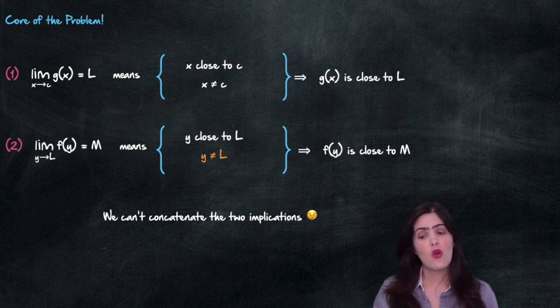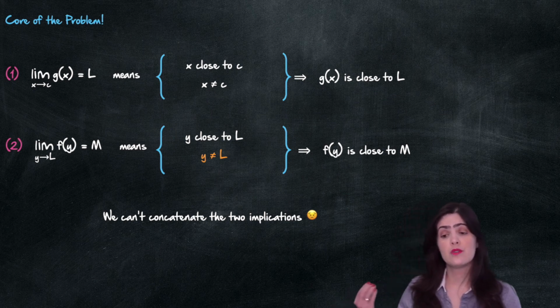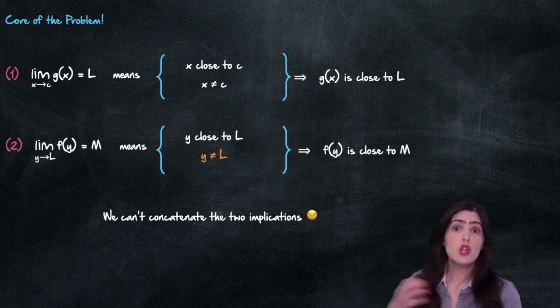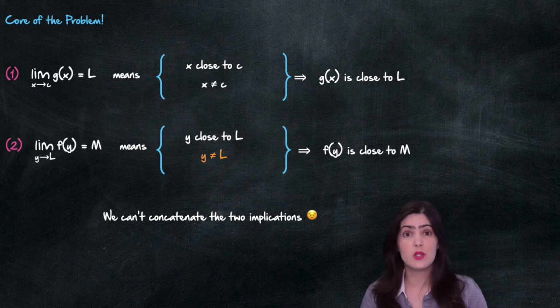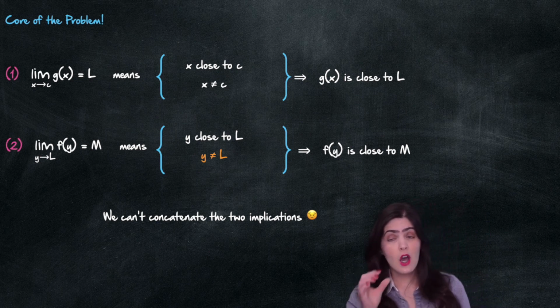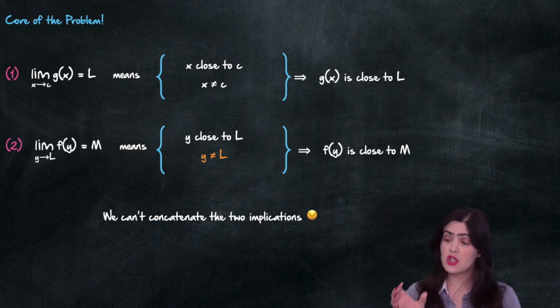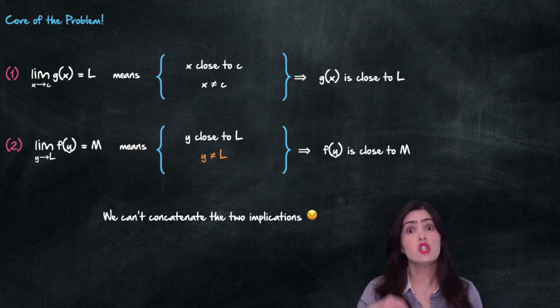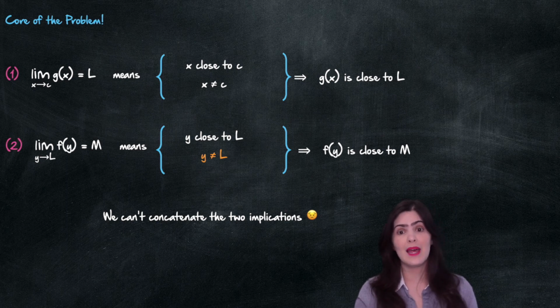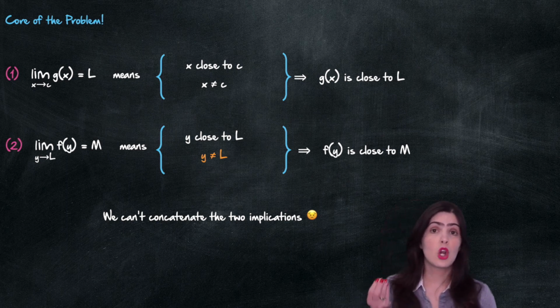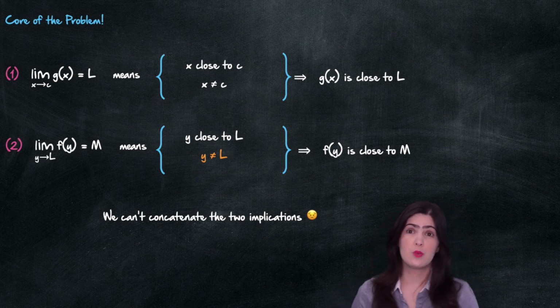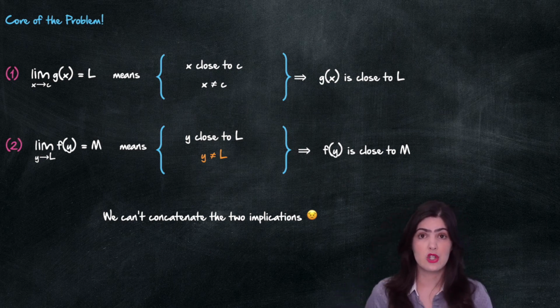It is to force my function g to not be equal to L in a neighborhood of c. So making sure that g of x is not going to be equal to L when we are close to c. Those are the two options. We just need to deal with this yellow condition and find our way around it.